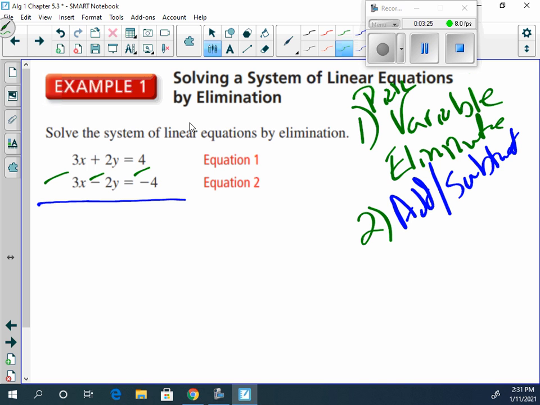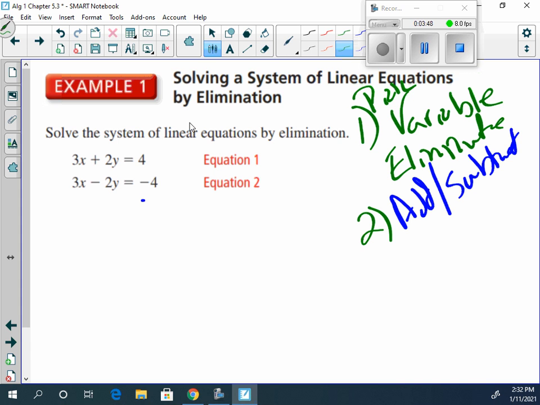Well, 2y minus negative 2y: the negative and negative make a positive, so it'd be 4, yes? What's 3x minus 3x? 0. So if the signs are the same and we subtract, they will cancel out. So here, since we chose x, 3x minus 3x is 0, yes?